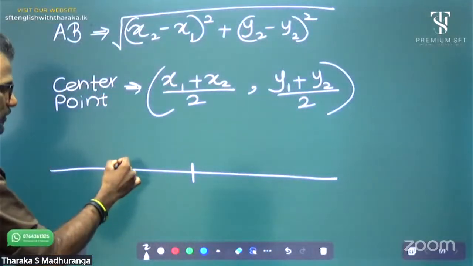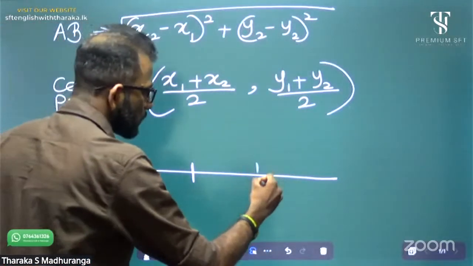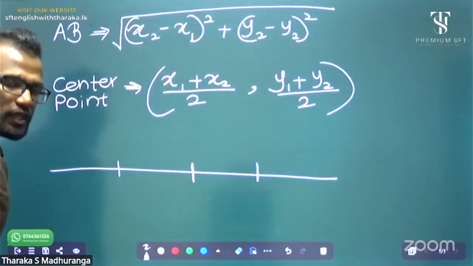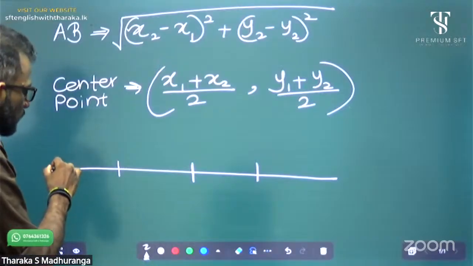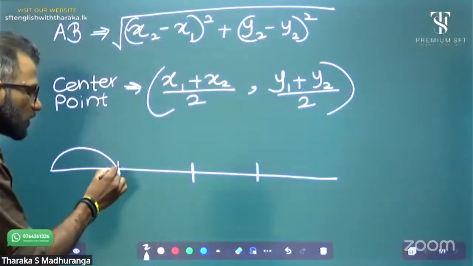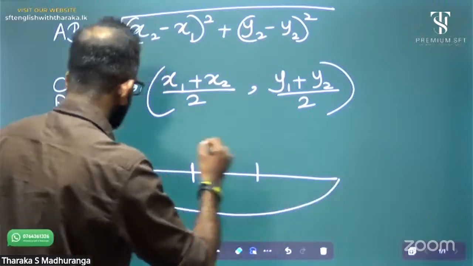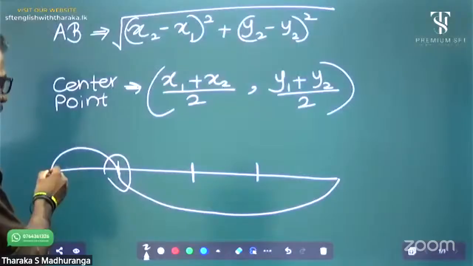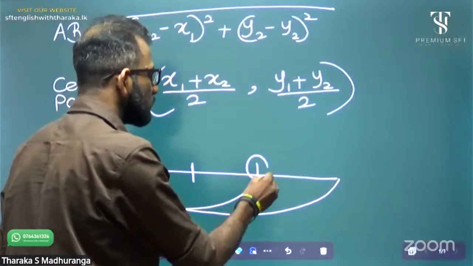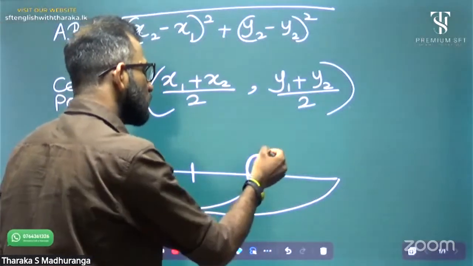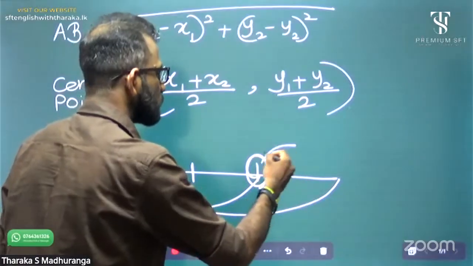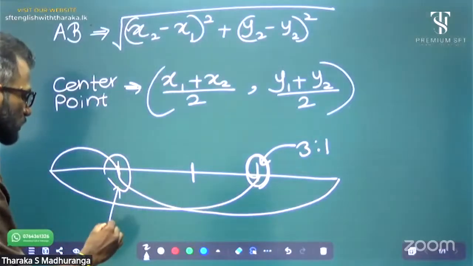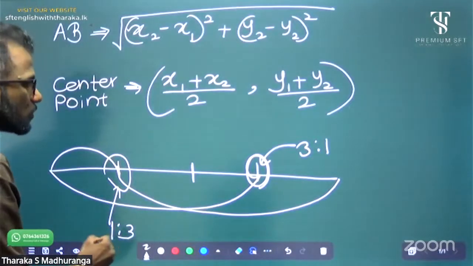If you cut the straight line into 4 equal segments, 1, 2, 3, 4, this point is the 1 to 3 ratio point, and this other point is the 3 to 1 ratio point.